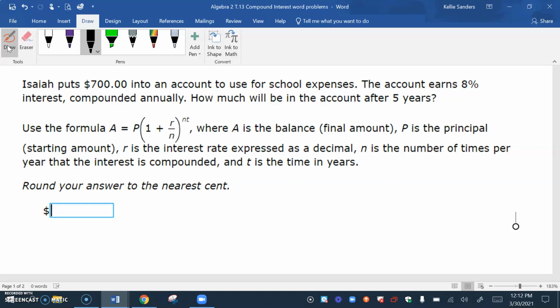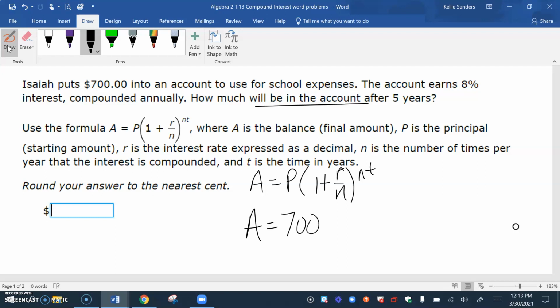All right, so we have A equals P, 1 plus R over N to the NT. So we want to know how much will be in there after 5 years. So we do not know what A is. P is how much we start off with, which is 700. That's the principal. 1 plus, the rate is 8%.